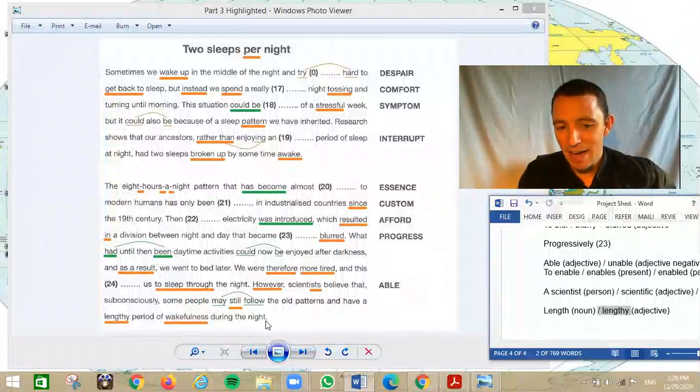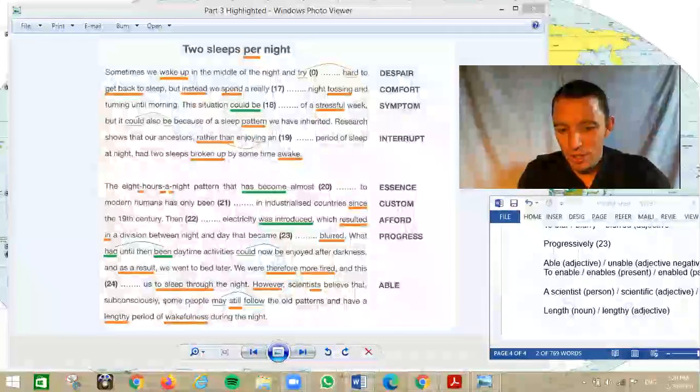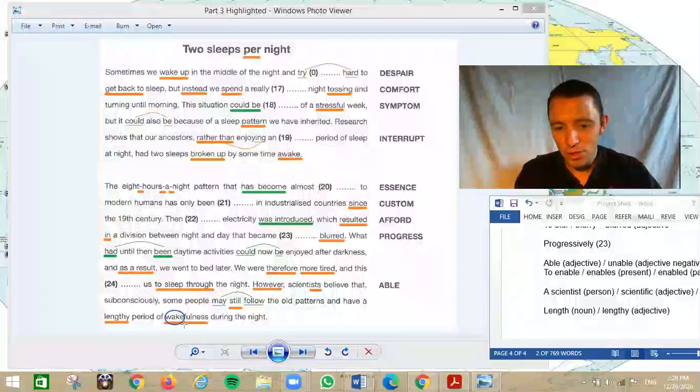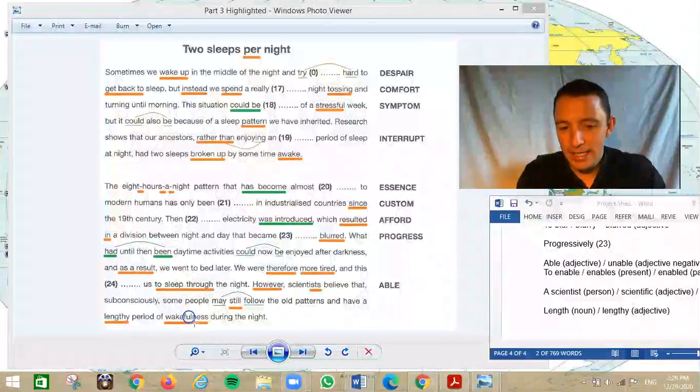So old patterns and have a lengthy period of wakefulness during the night. And again, wakeful is definitely not so common, very unusual word, but it's related to wake when we saw above awake and to wake. So it's related to wake. Full, for example, successful, and it's a suffix.